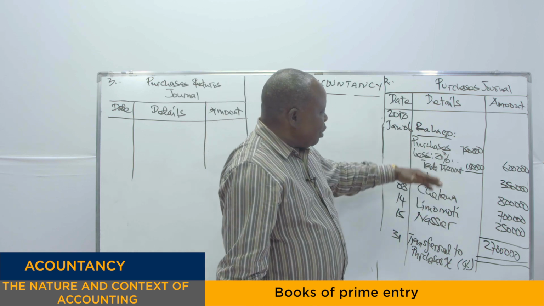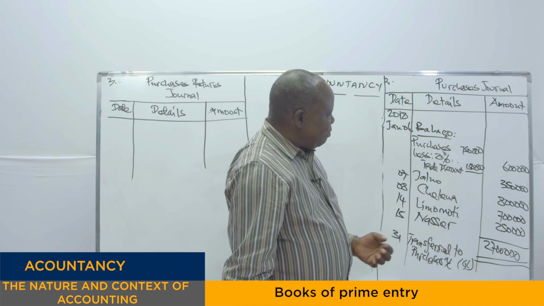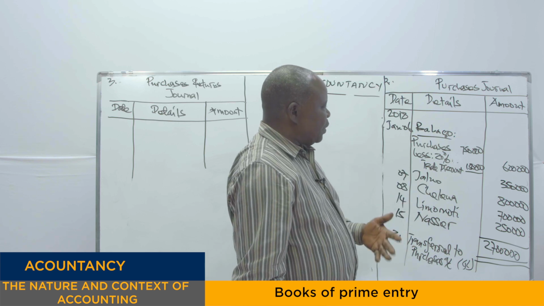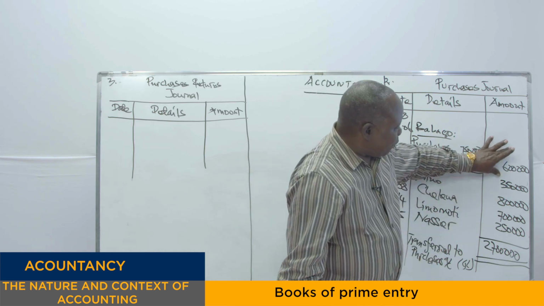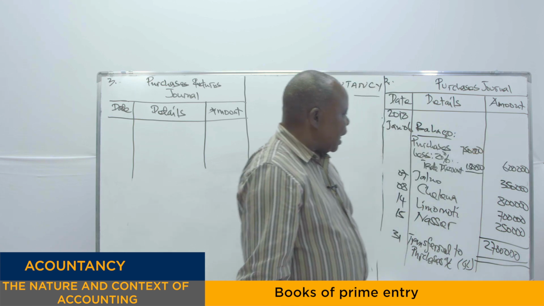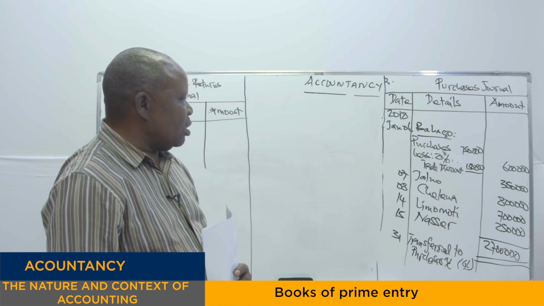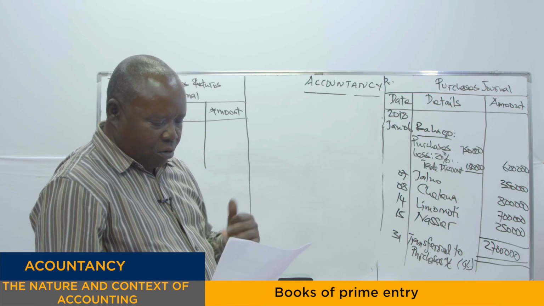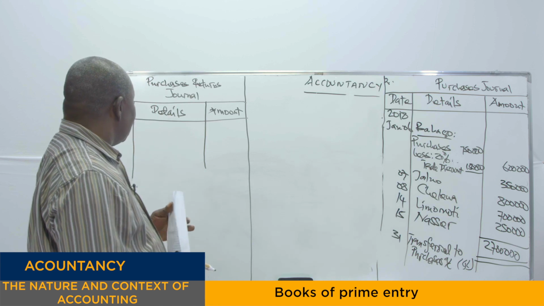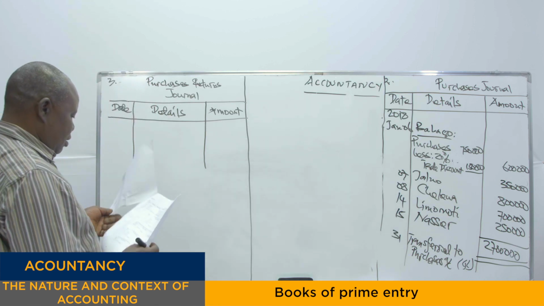It means that we've already deducted the amount of trade discount. So 50,000 now is coming from this amount of 600,000. So we return these goods to Babago, and we don't need to calculate again. We just write here the return.